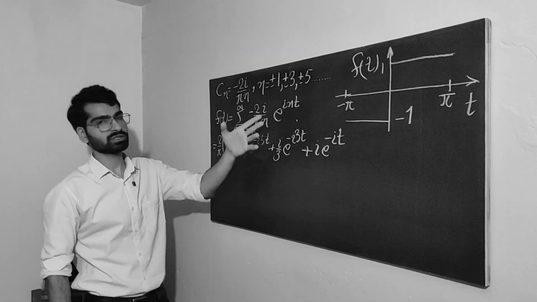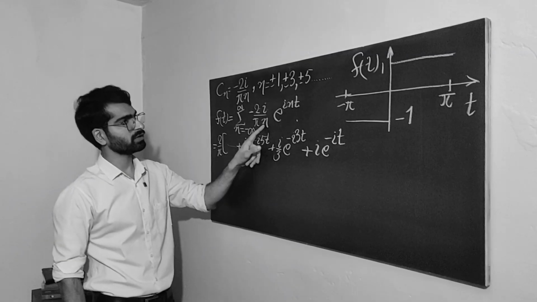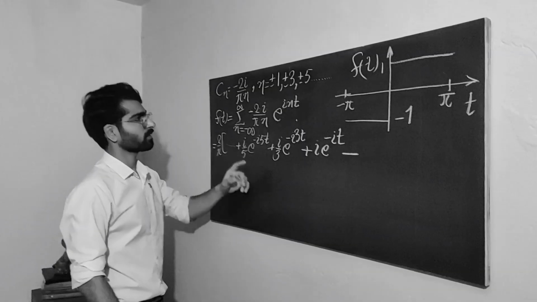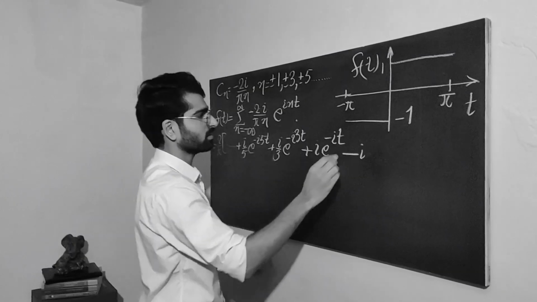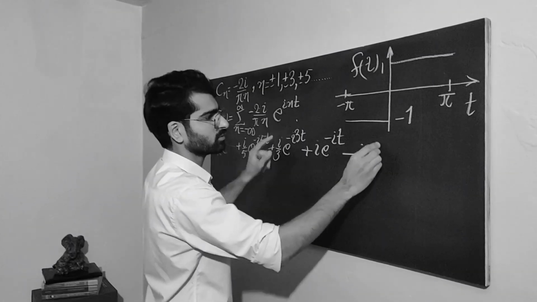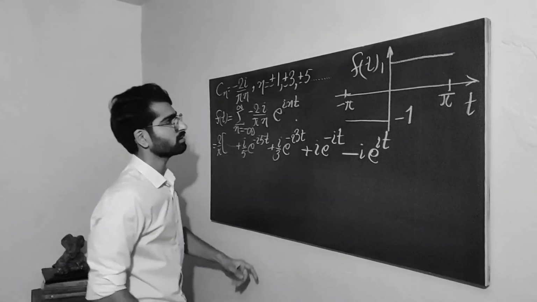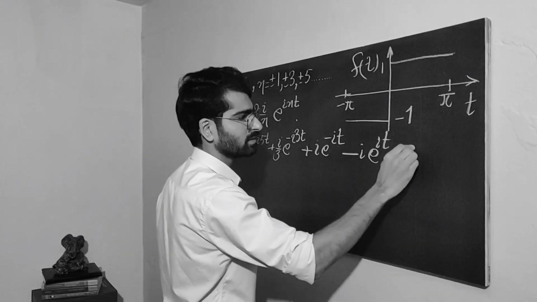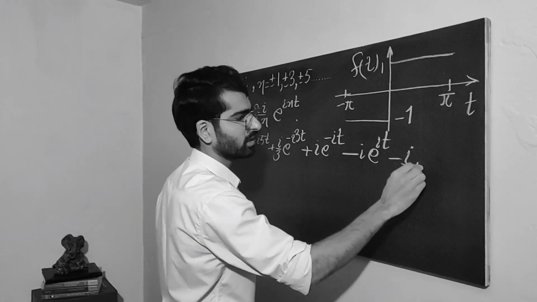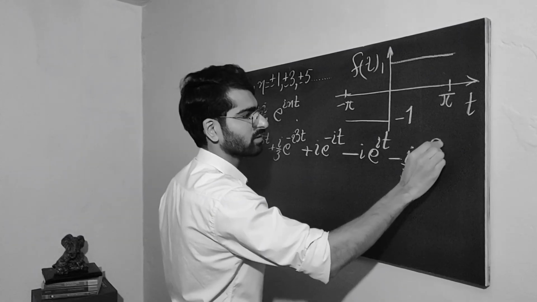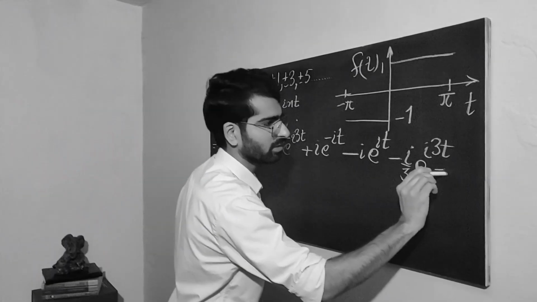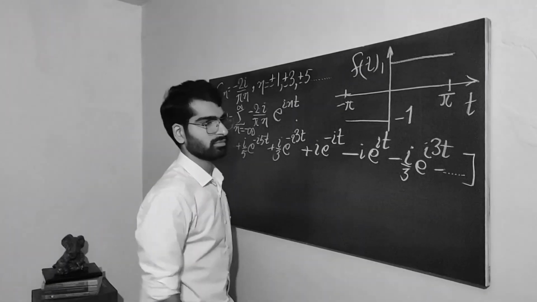Now when I take positive numbers, n equals 1, I get my minus sign, so it will be minus i times e to the i t. Now plus 3, I get minus i over 3 times e to the i 3t. Then you will have next terms, many terms.